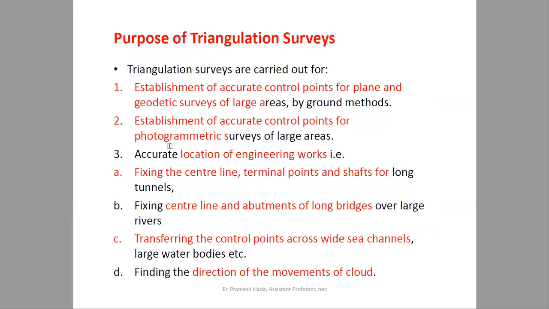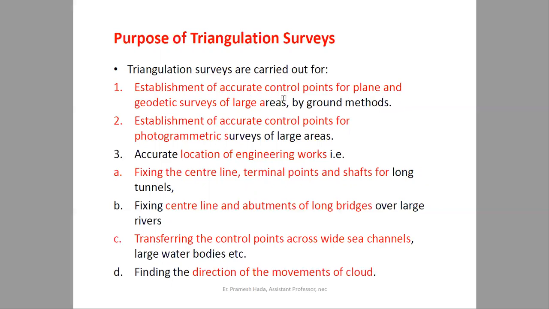Now, what is the purpose of triangulation survey? These are the basic functions performed using triangulation survey. First, establishment of accurate control points for plane and geodetic surveys over large areas by ground methods.